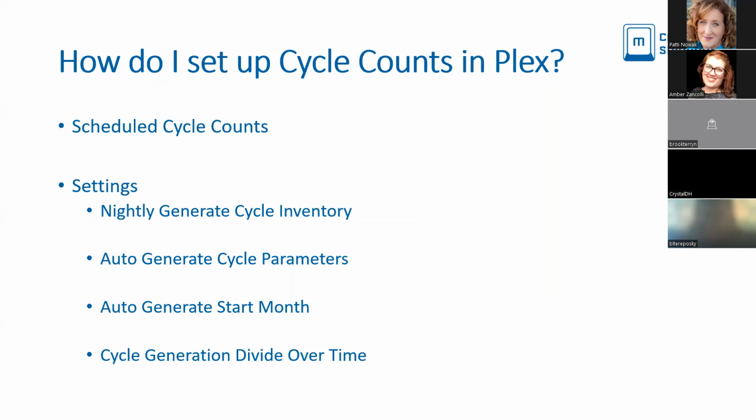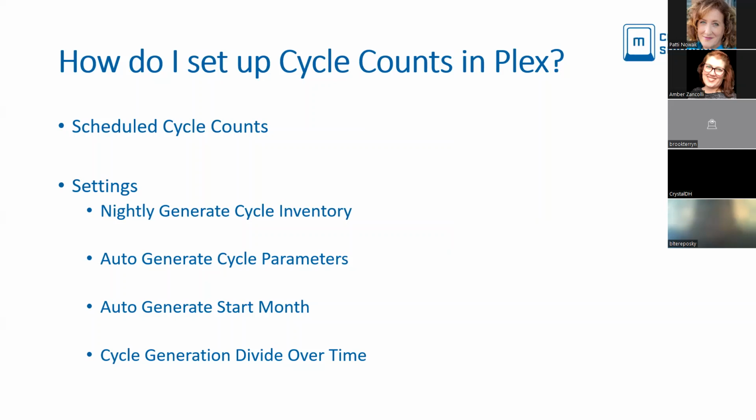If this setting is on, then Plex will break up your cycles by week, generating them on a weekly basis, still according to that annual, semi-annual, or quarterly calendar. And those will get generated again on Sunday evening. It will not divide the inventory evenly across the counts, right? It's just dividing up those counts that you've added.